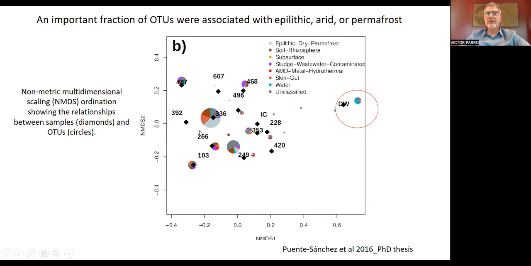In this chart, the light gray corresponds to sequences that were associated with epilithic, dry, arid or permafrost environments. This indicated that somehow these sequences are completely different from the ones we can obtain from the drilling water or the outside of the area.